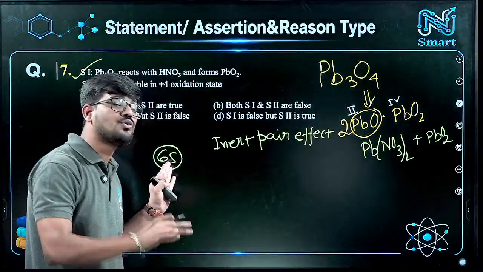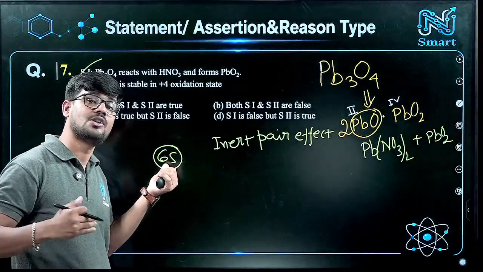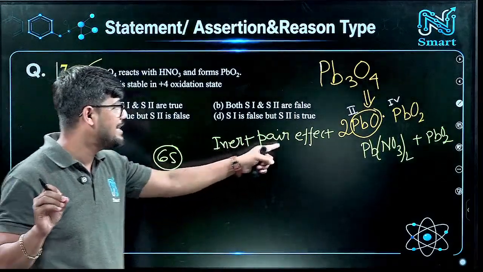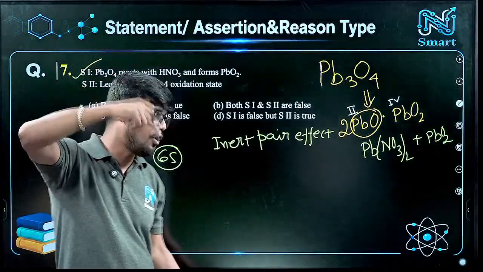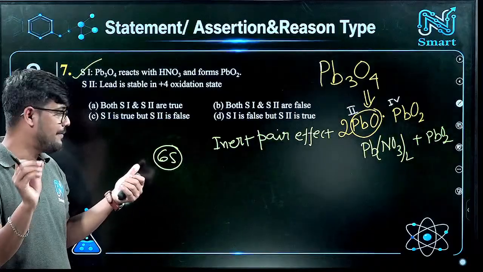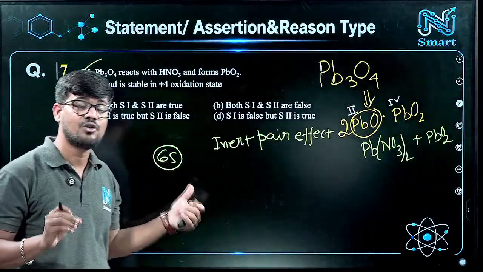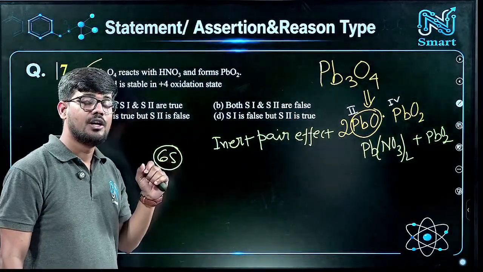So these electrons will no longer be used for bonding. They go close to the nucleus because of the inert pair effect. Because you know that the F block comes before this, right? Because of the poor screening effect, these 6s electrons will be closer to the nucleus, so they will not be used for bonding.